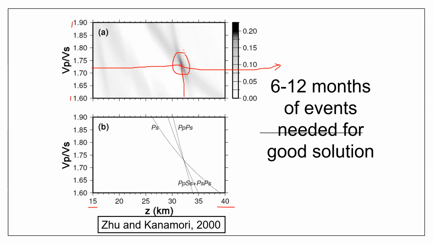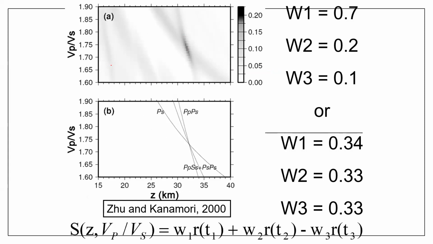Wherever this S(H,κ) value becomes highest, that particular H and Vp/Vs will be the values you are looking for, the Moho thickness and the kappa value, the Vp/Vs ratio.